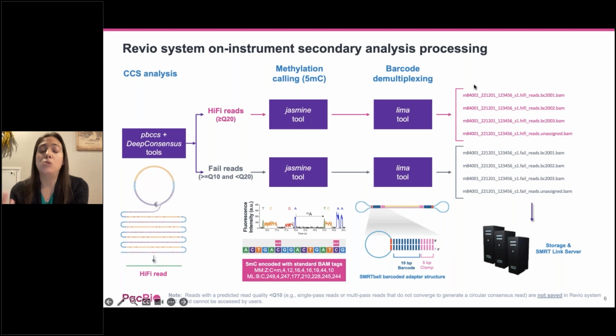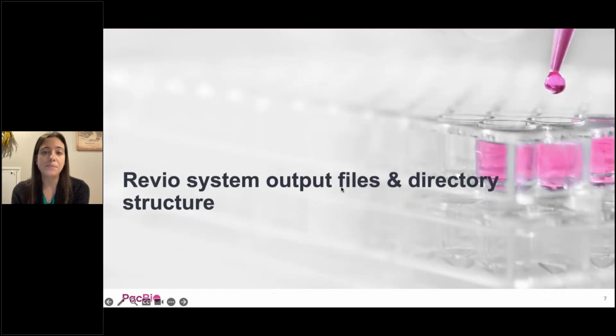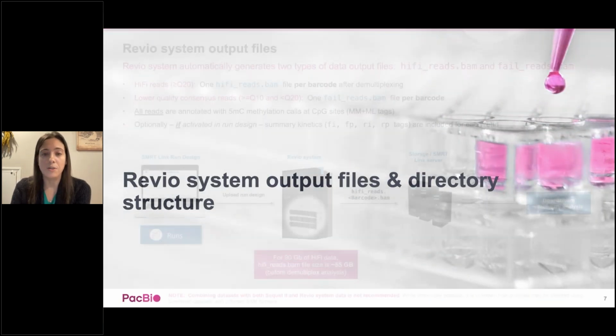And then secondly, a tool called Lima is called to demultiplex your samples according to barcodes. For each HiFi read sample, you'll have a separate HiFi read BAM file. So once those files are generated, it is then removed off of the Revio instrument and transferred to your storage and SMRT Link server.